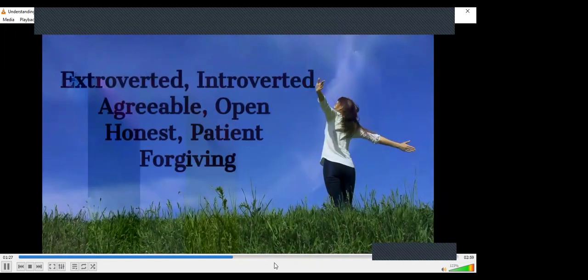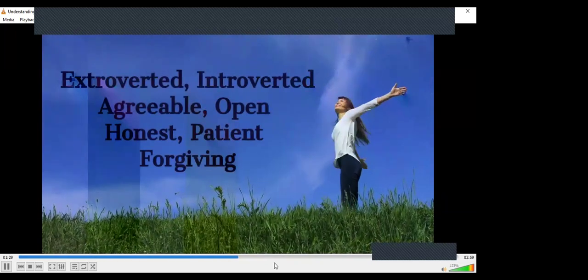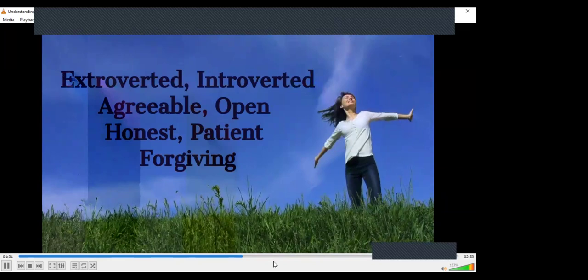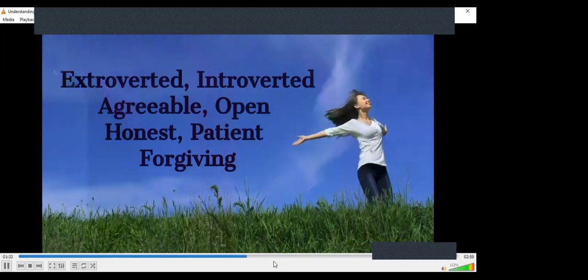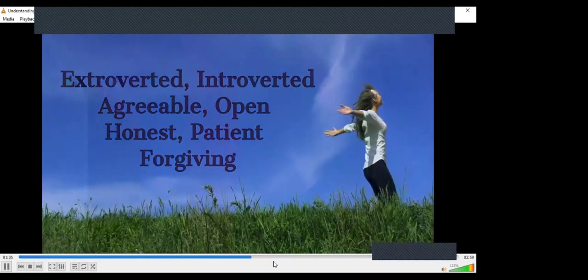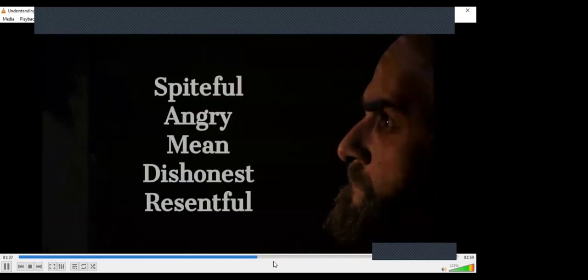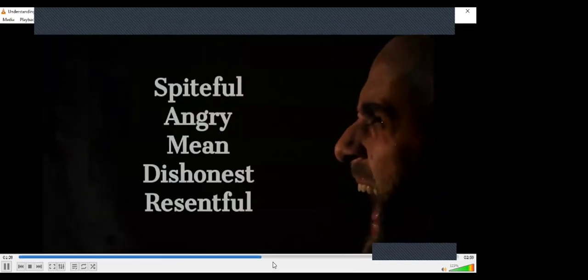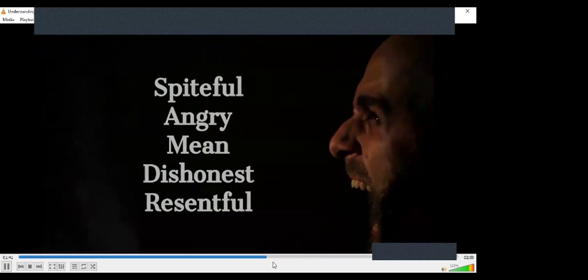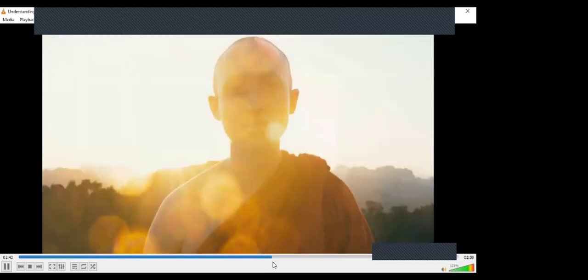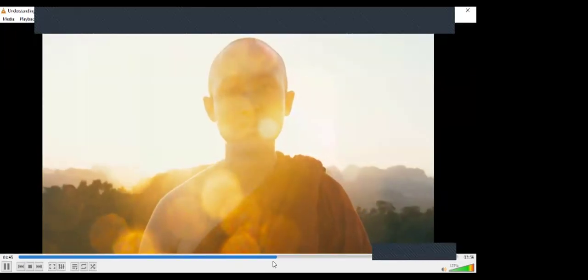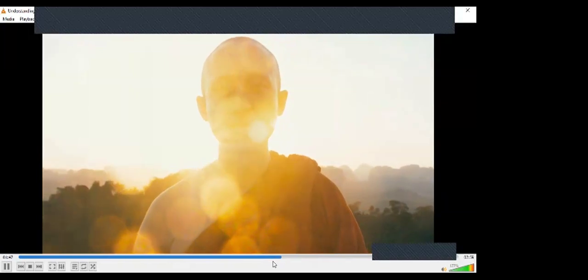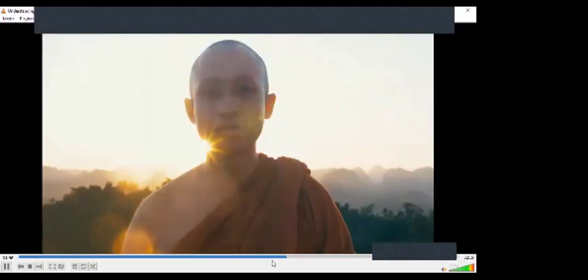Whether one is extroverted, introverted, agreeable, open, honest, patient, forgiving, or spiteful, angry, mean, dishonest, and resentful, will depend on a great many factors, including karma and one's prevailing level of consciousness.